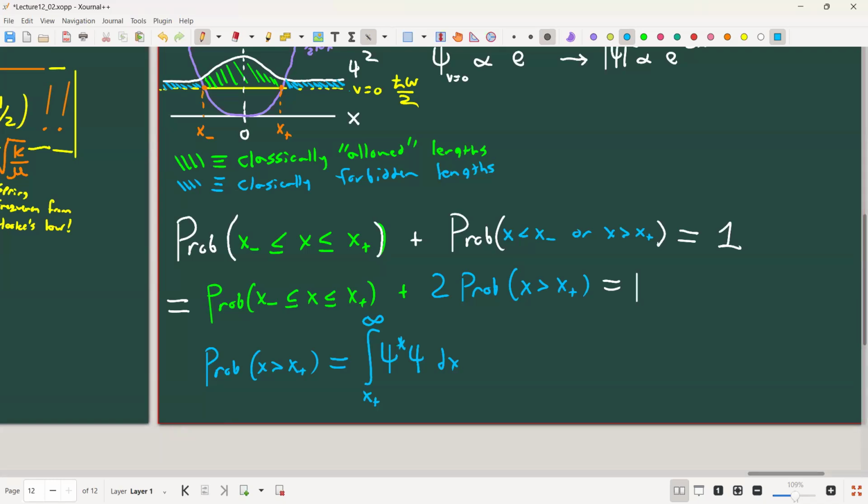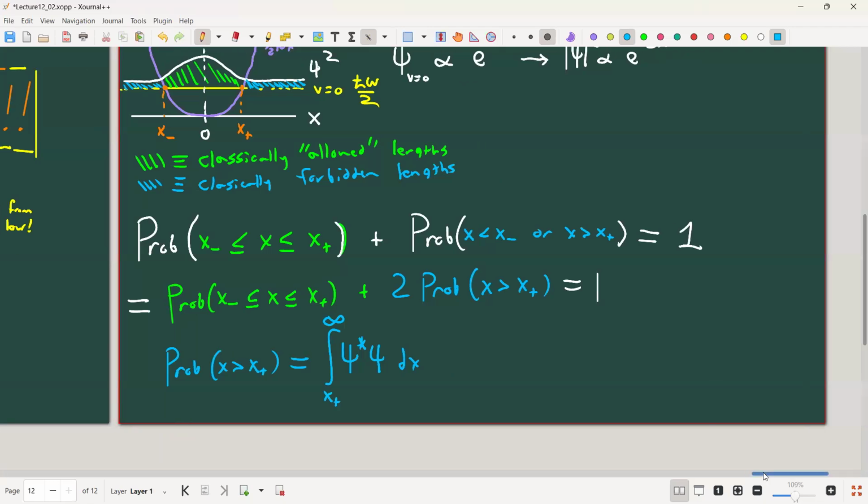So I'm just integrating that blue region on the right. I can go ahead and plug things in. To plug in the wave function from before, we have that, but we don't really know what x plus is. X plus is going to be a function of the energy of the system, because the more energy the system has, the wider the potential, and therefore the wider the turning points are. So the turning points are a function of the wave function and its energy. So we need to figure that out.